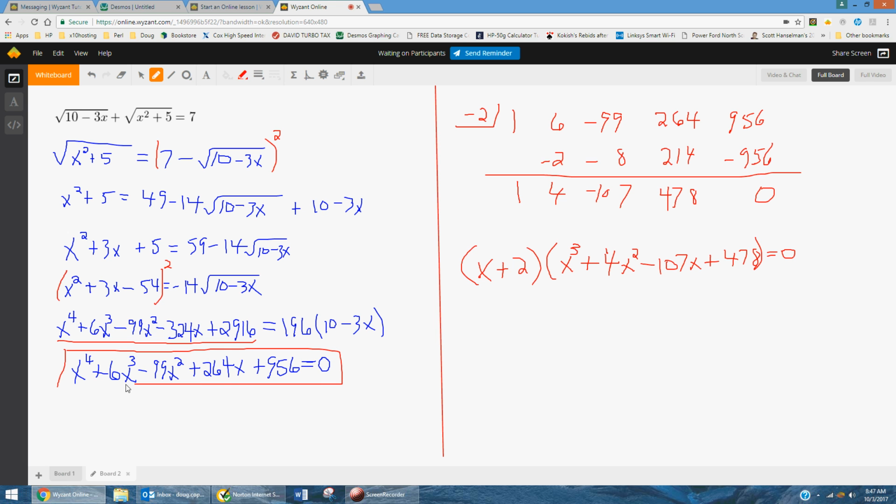Well, there is a theorem called the rational root theorem that says if there's a fraction or an integer that makes this equation true, and the leading coefficient is 1, then the rational root must be a divisor of 956, the constant term.